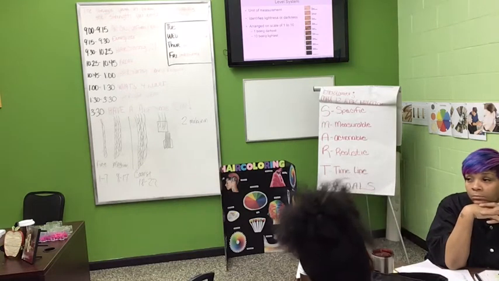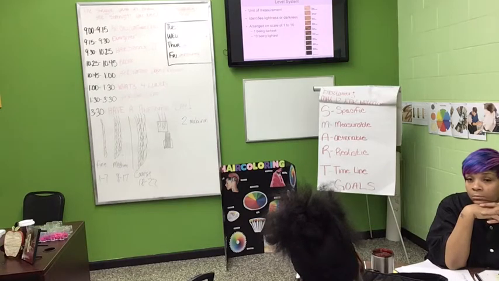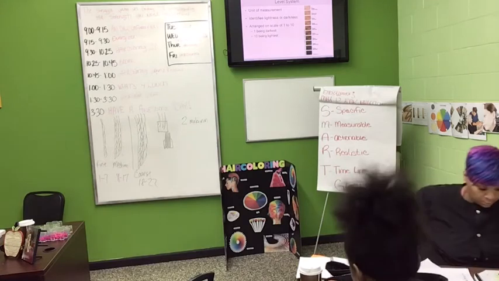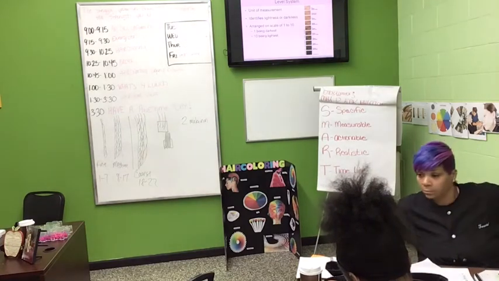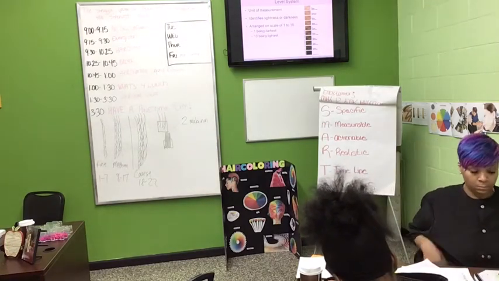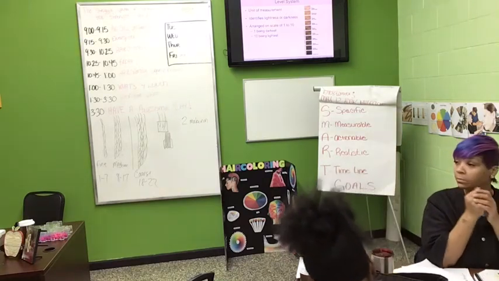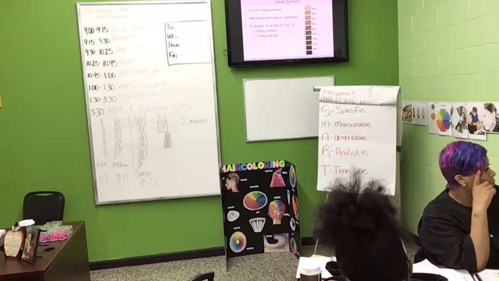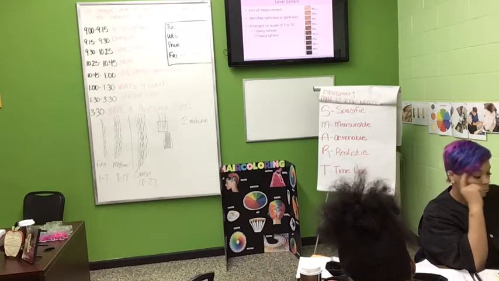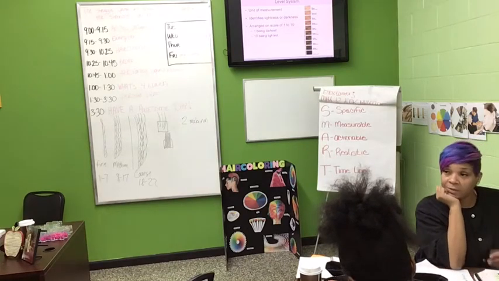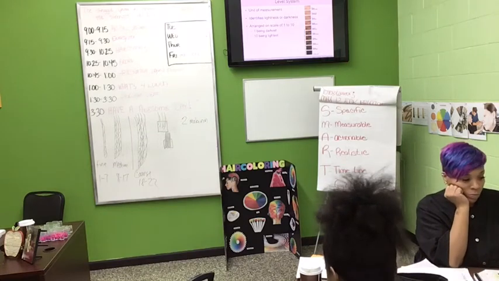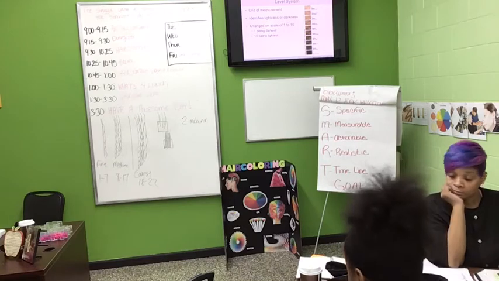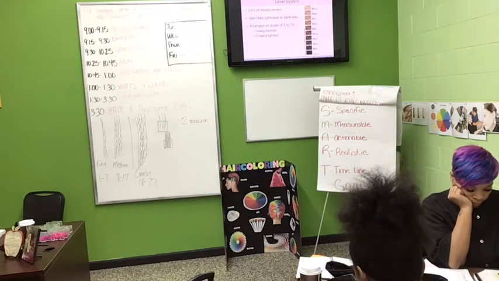But when we're talking about the level chart and how to identify the degree from the lightness to the darkness, it deals with the depth of each level, like we have over here on the wall. If y'all take a look in your book on page 673, you will be able to see it. Now, can I get somebody to just tell me starting from the 1 all the way up to 10.